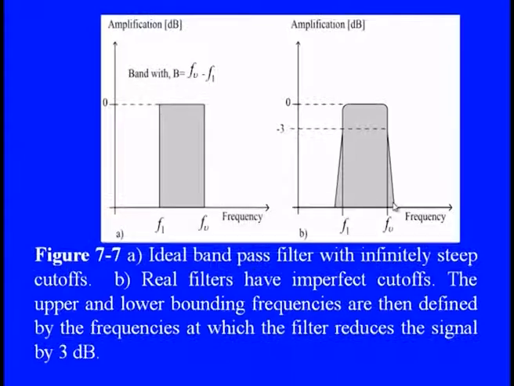The upper and lower bounding frequencies are then defined by those frequencies at which the filter reduces the signal by 3 decibels.